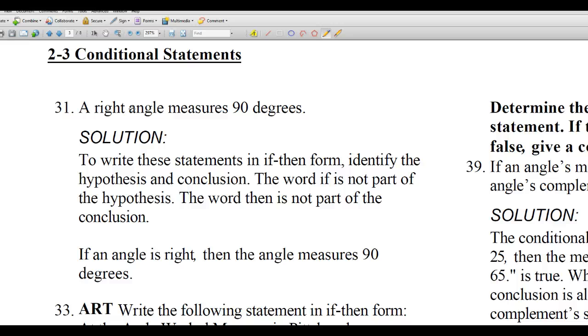So based off of the hypothesis, what will be true. So if it's a right angle, then it will be 90 degrees. So it would be set up like this. If an angle is right, then the angle measures 90 degrees. So changing it into if-then form.